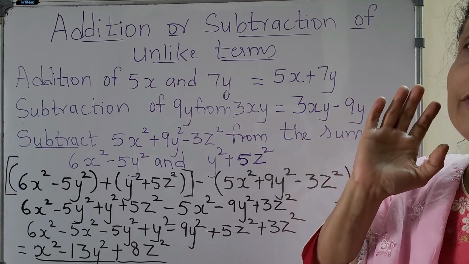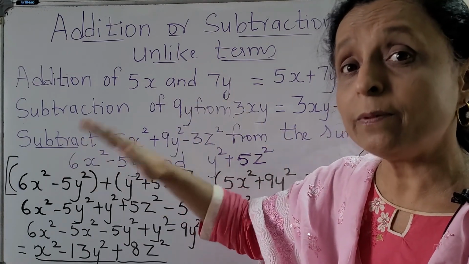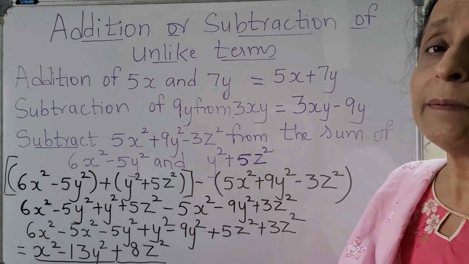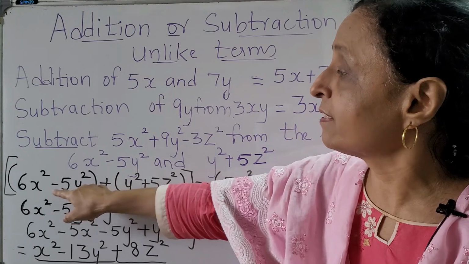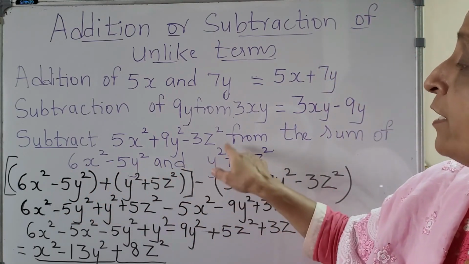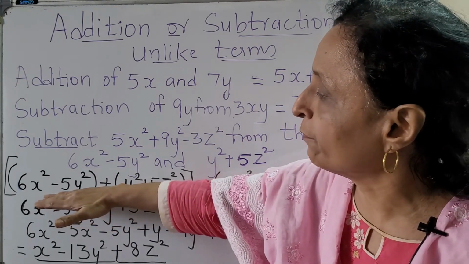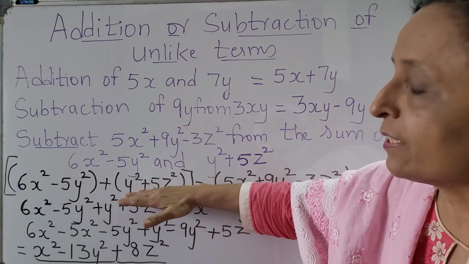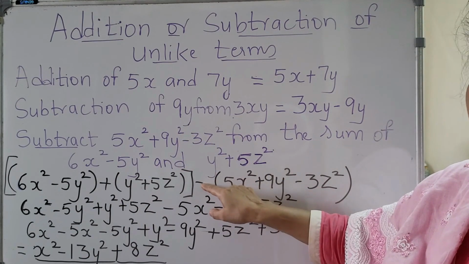So how do you write the expression so that it becomes simple and you need not make any mistake? First add this. You can see 6x square minus 5y square added to y square plus 5z square. So the sum, now when you add this, you're going to get this sum. And this has to be subtracted.